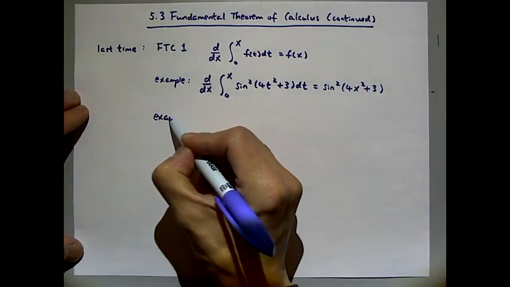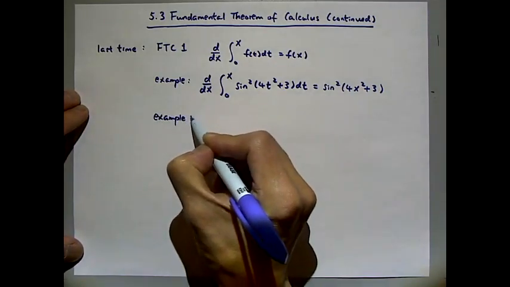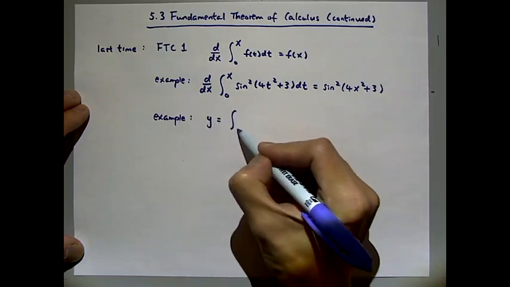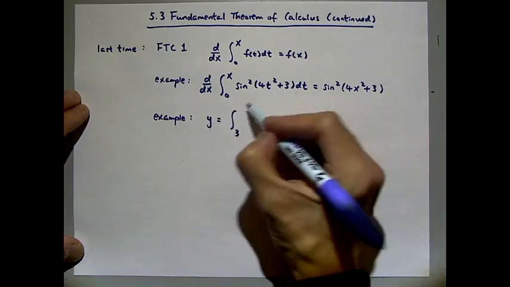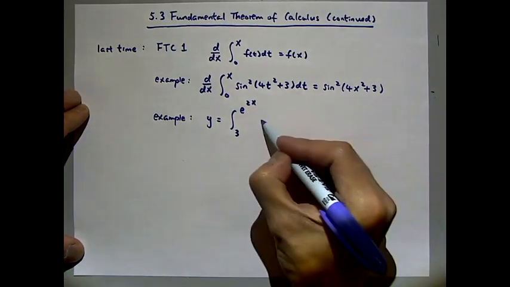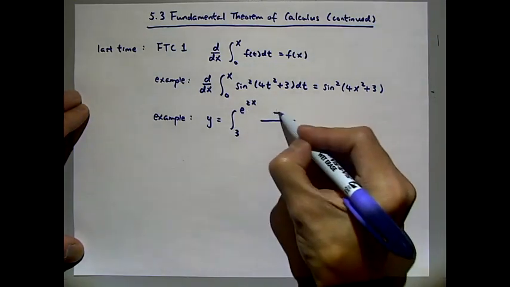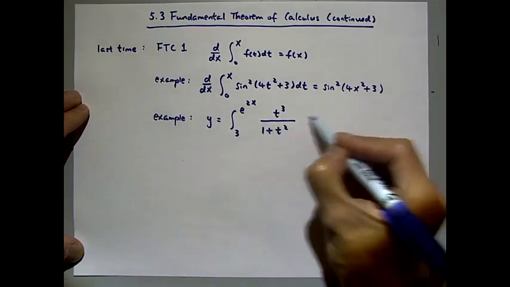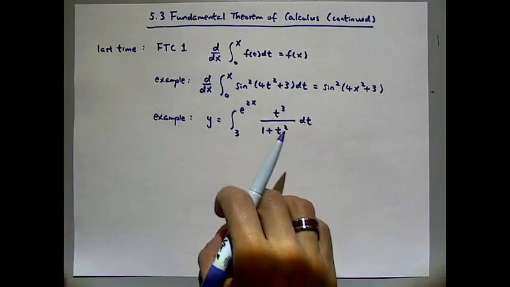And also remember, we sometimes have to use chain rule. It happens when the integration limits, specifically the variable one, is not just an x.